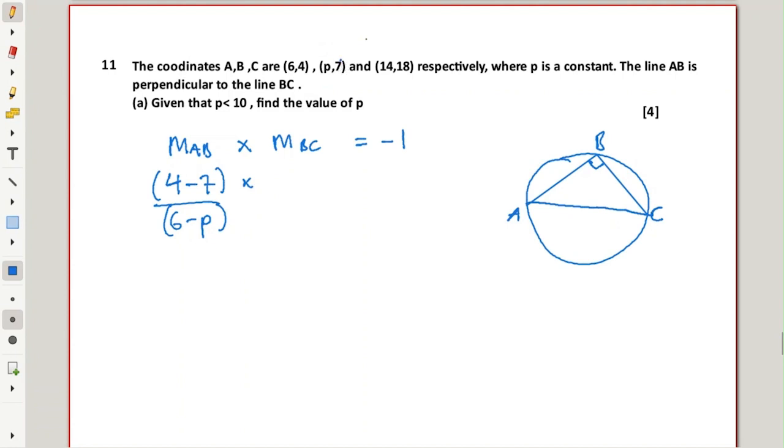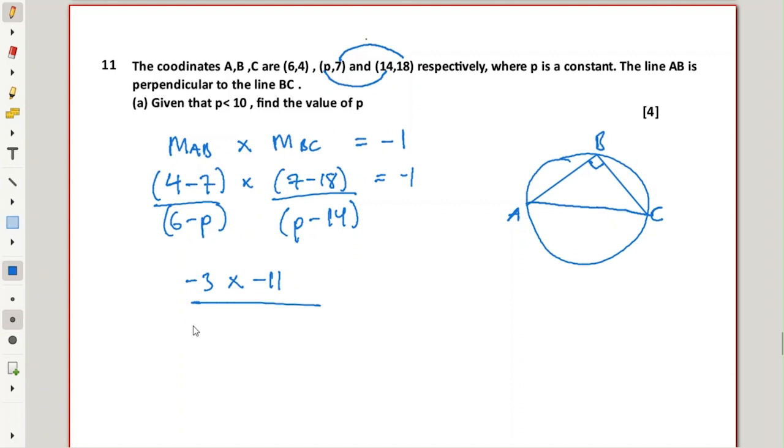Then for BC, this is the same as 7 minus 18 over P minus 14. Okay, so the numerator is going to be -3 times this -11, and I can multiply this.